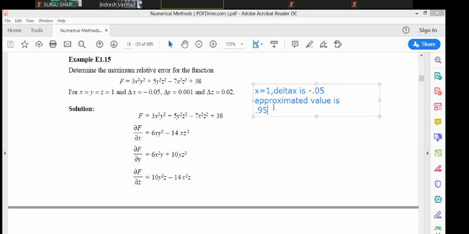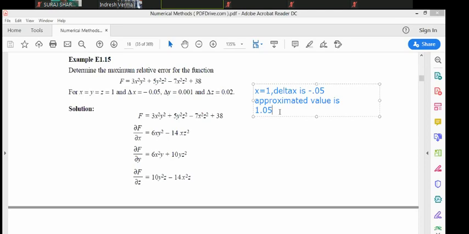Okay, just approx. Right. This is minus, so 1.05. Correct. This will be correct, 1.05, because measured is this one, and delta x is then plus.